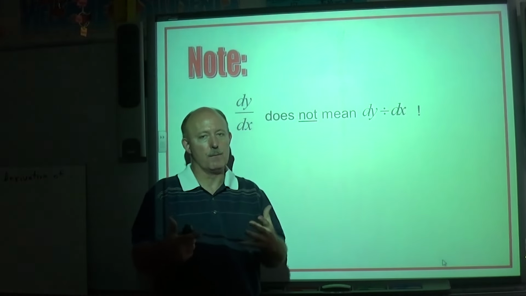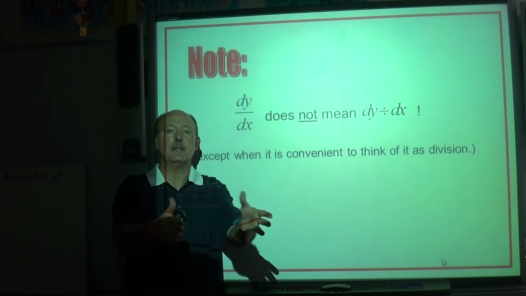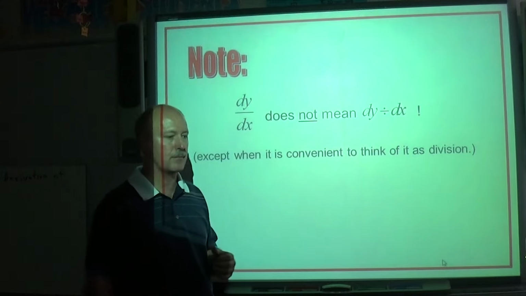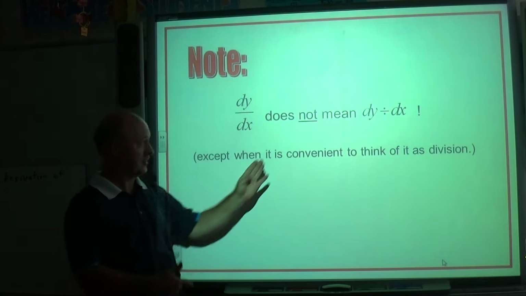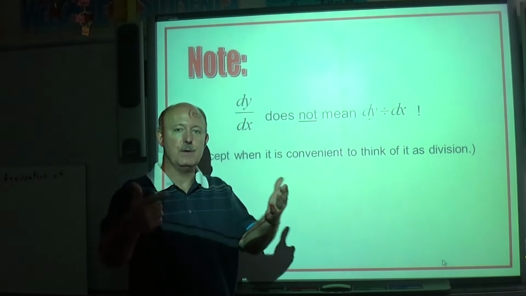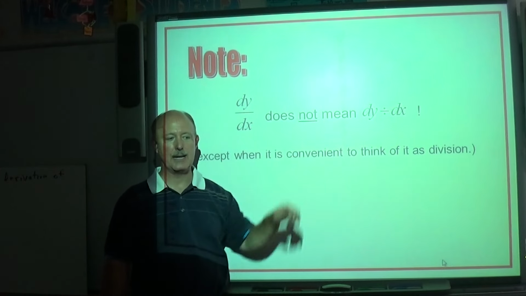It's not a typical fraction, unless it's convenient to think of it as a fraction. Sometimes it is convenient to think of it as dy divided by dx, but it does not mean division. So sometimes we treat it like division if it's convenient, but typically, remember, it does not mean dy divided by dx.